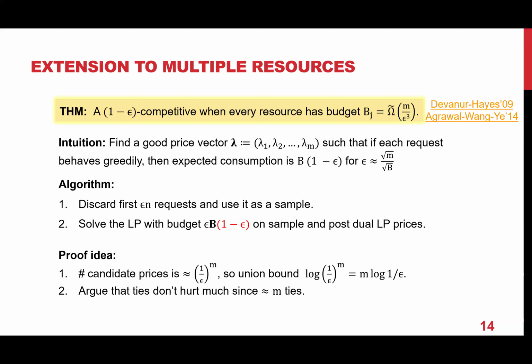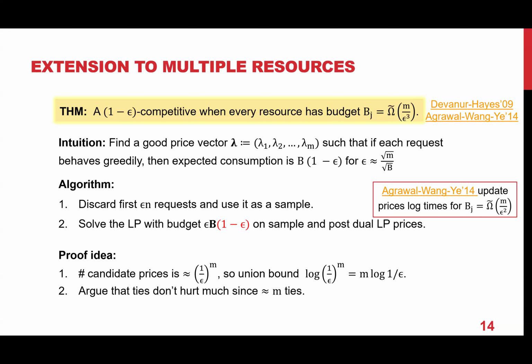And that's precisely the reason this result will give you something like m over epsilon cubed. In 1 dimension, I was getting 1 over epsilon cubed; the budget needed to be 1 over epsilon cubed. In m dimensions, you get something like m over epsilon cubed naively. But then, with the doubling trick that we were talking about, you can get something like m over epsilon squared.